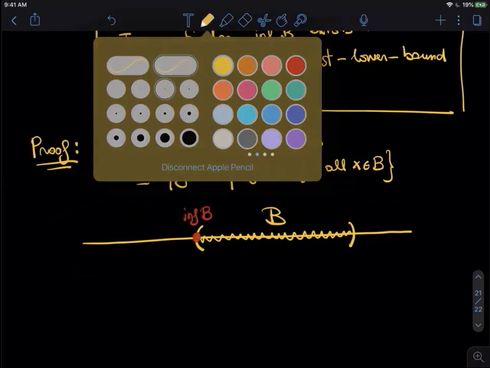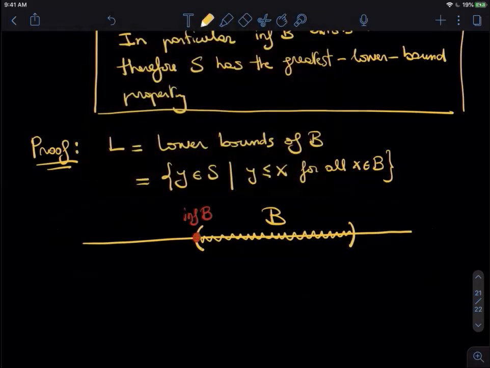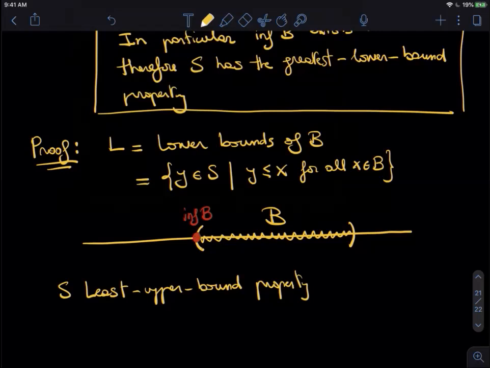Now, the challenge is that we have the least upper bound property. S has the least upper bound property. This means that subsets that are bounded have a supremum.